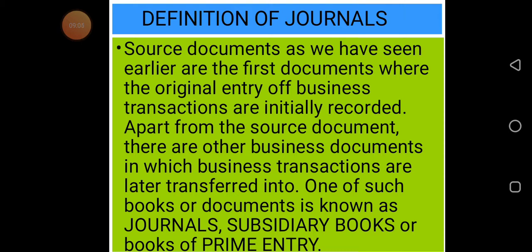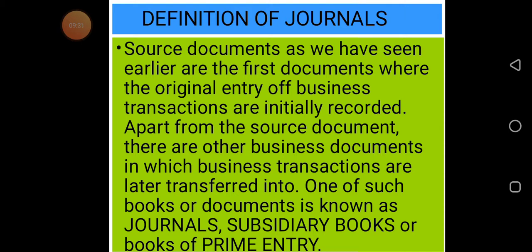Apart from the source document, there are other business documents into which business transactions are later transferred. For instance, we have the journals, the ledger, the balance sheet, and so on. So from the source document, we have to take the transactions into the journals. Journals are the next step in the accounting process.